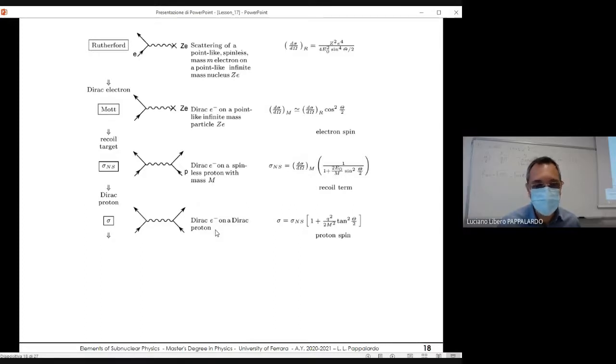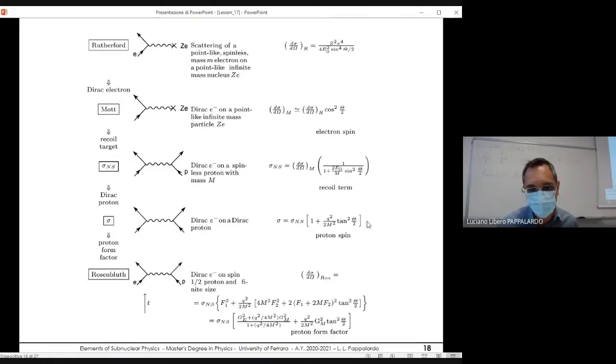Then the proton is considered as a Dirac particle, so point-like but carrying spin, and so we have to take into account the spin-spin interaction, or the momentum-magnetic interaction, and so we get the additional sine-squared theta. At the end, we rewrote our cross-section in this way. And finally, we take into account the finite distribution of charge and magnetic moment inside the proton.